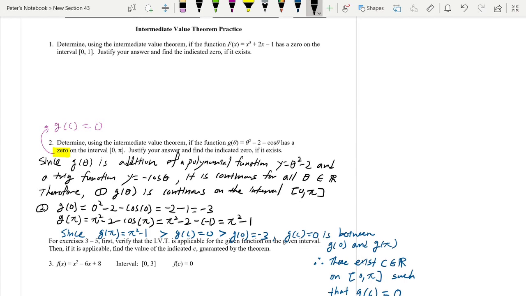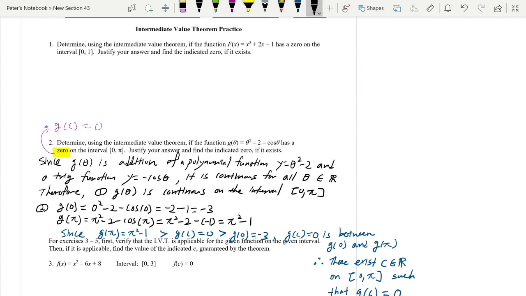Number 2 says determine using the intermediate value theorem if the function g of theta has a 0 on the closed interval 0 to pi. Justify your answer and find the indicated 0 if it exists.